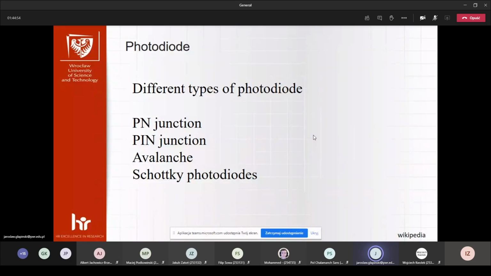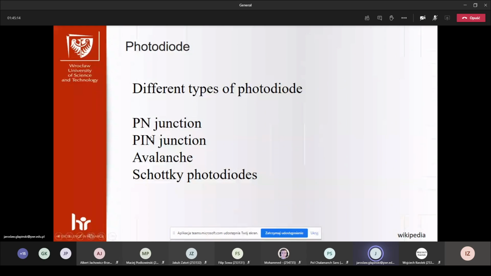We expect that the light energy can cause something in this PN junction to sense the amount of energy.